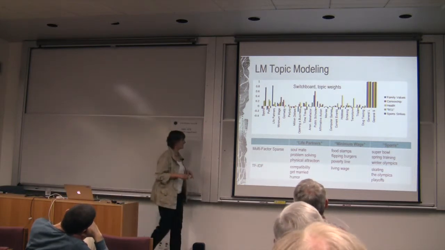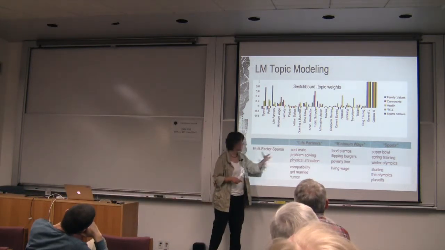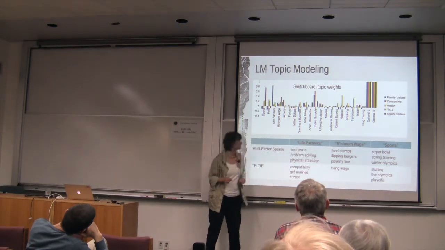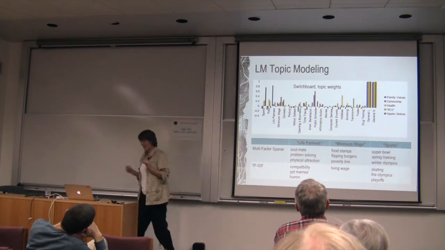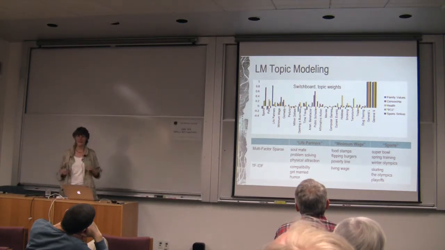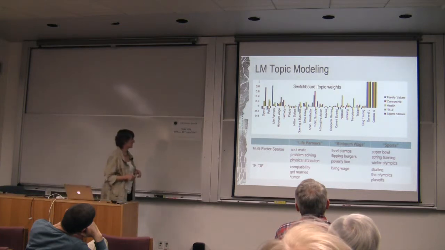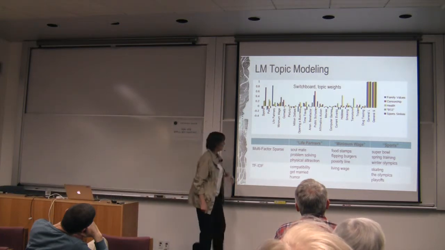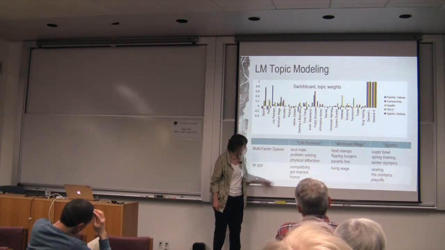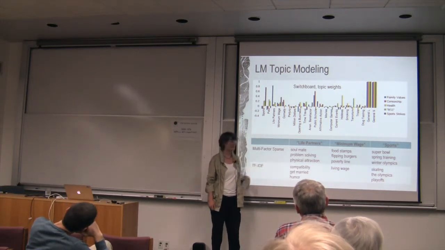So if we look at the sorts of things that pop out as being unique in different topics, when you represent them in a way where you factored out the other stuff in language, you get much more interesting things. So in life partners, you get things like soulmate, problem solving, physical attraction, and here you get good things too.